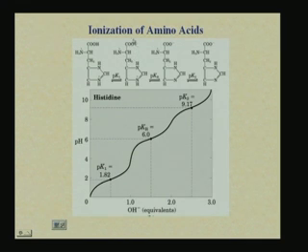As I lose this proton, what is the next one that I am going to lose? The one belonging to the side chain. The last one that I am going to lose is the one belonging to the most basic group, which is the amine group.